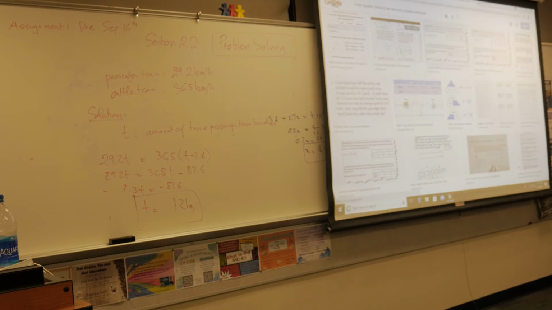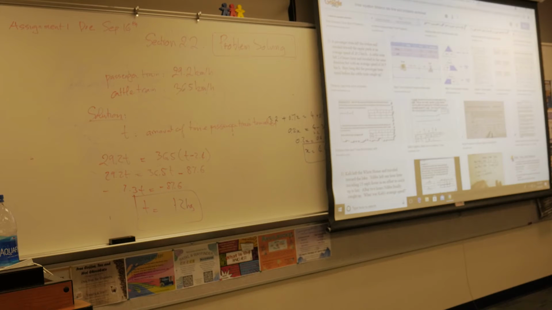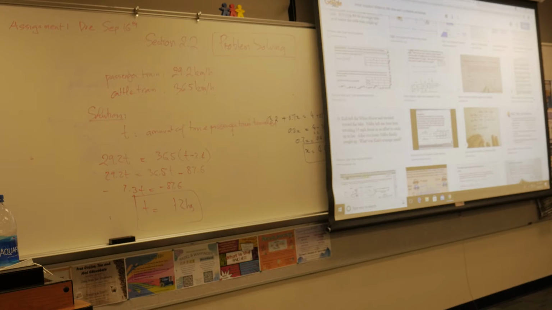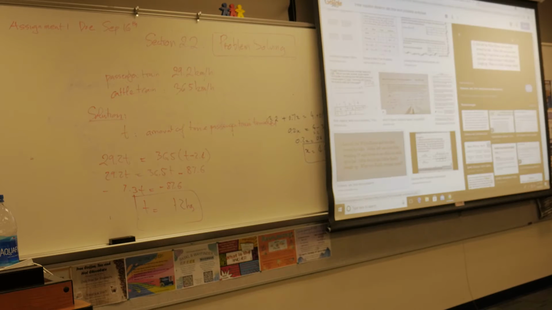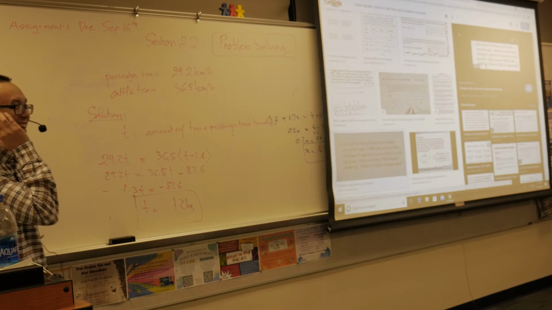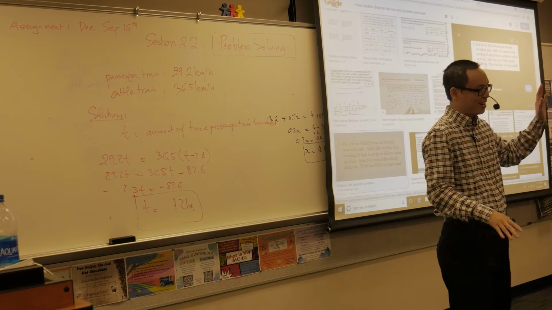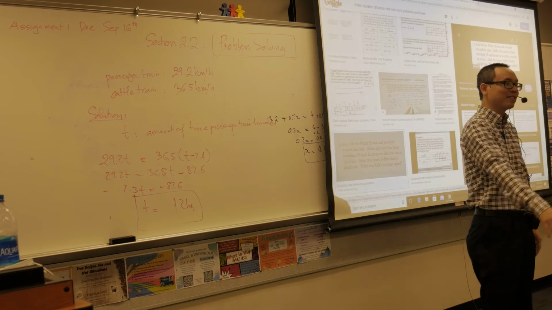This is an SAT problem, so we just have to do it. How about this? I haven't read it, but I'm going to read it, and we're going to work together.